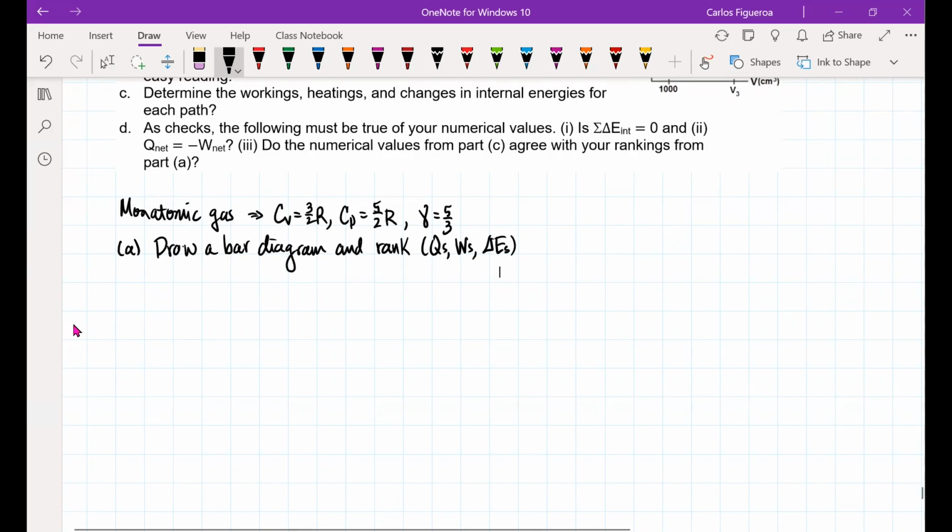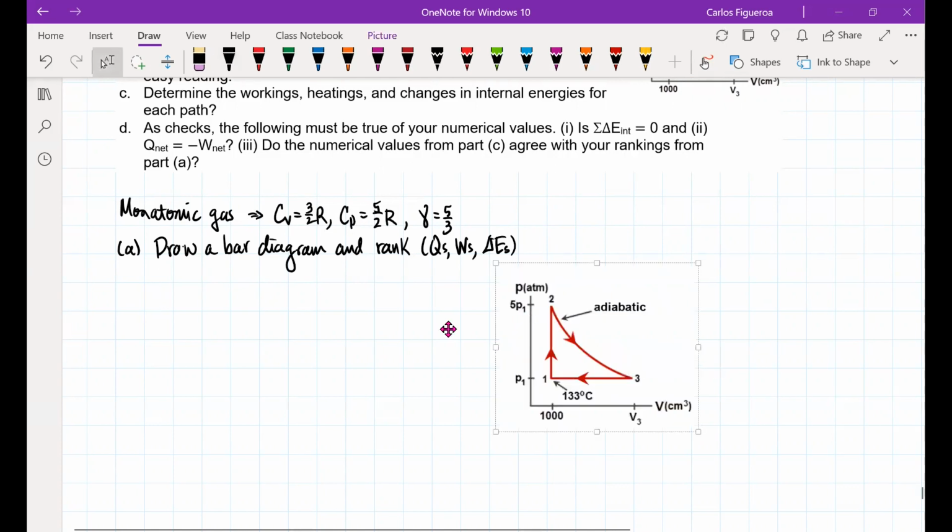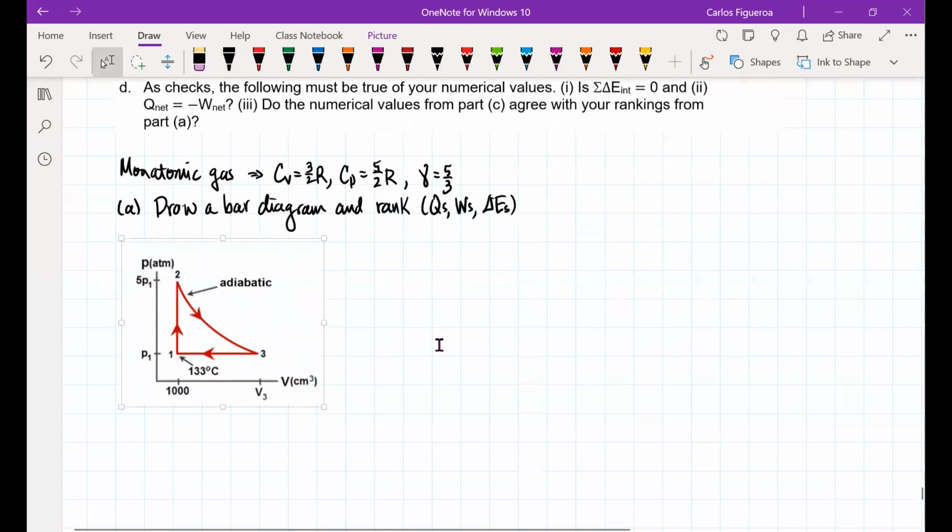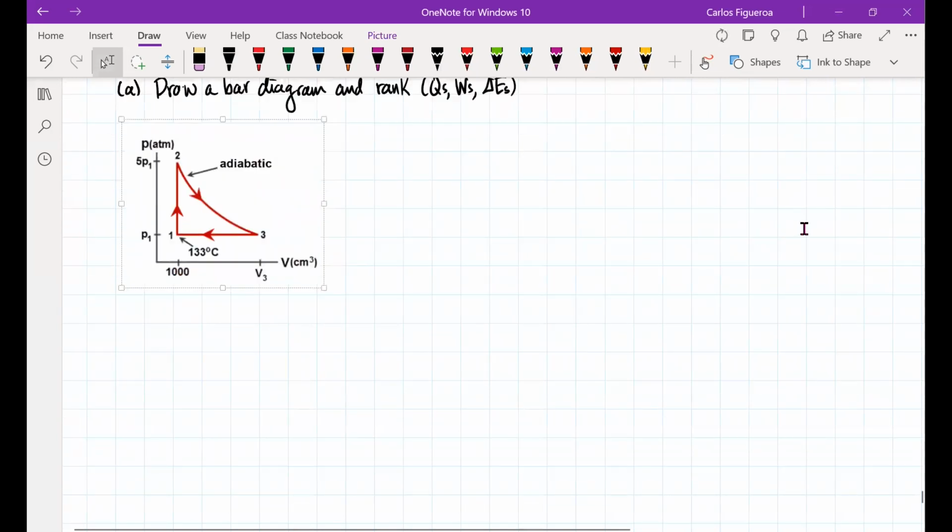First, I have my cycle right here, and we should be carrying that around because we're going to need it. So let's start looking at this.